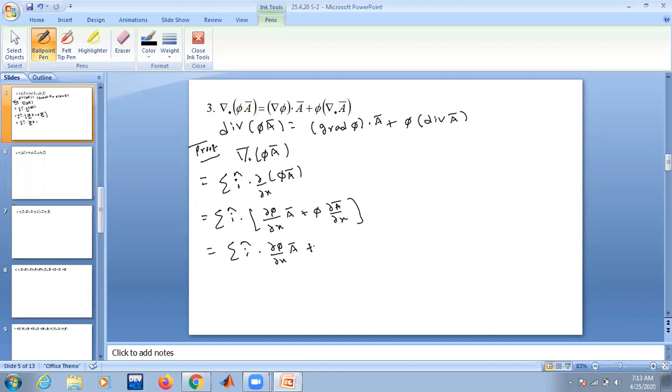So initially I applied the distributive law. Now I apply summation to each term. So this is going to be summation i into dou phi by dou x plus summation i into phi into dou A bar by dou x. Is it okay?